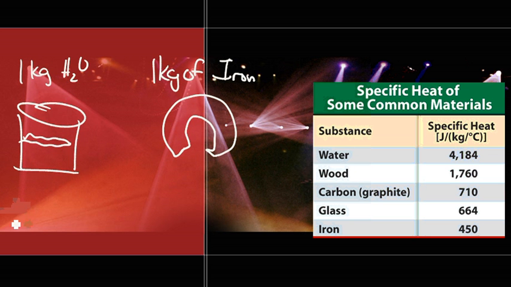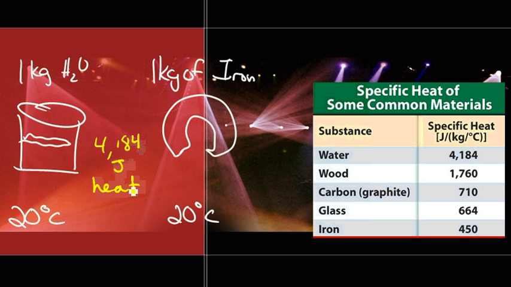So let's say that both these substances are at 20 degrees Celsius already, which is room temperature. We're going to add 4,184 joules of energy in terms of heat, thermal energy.